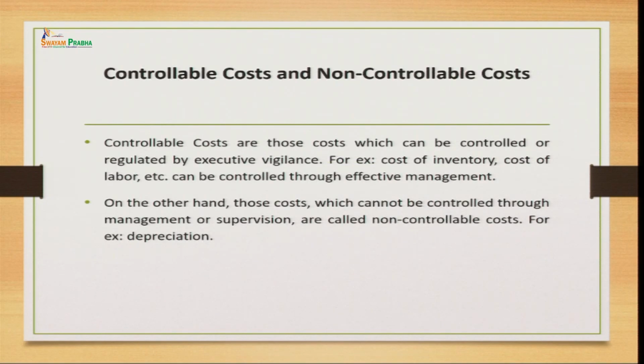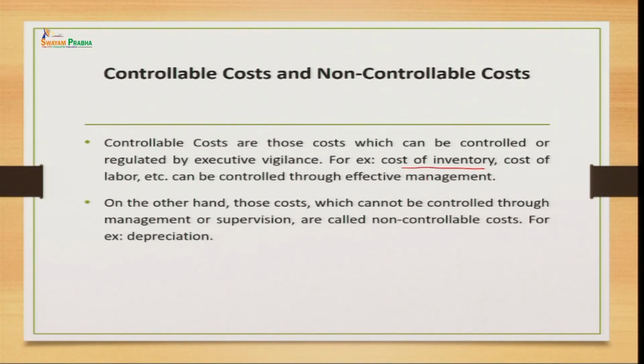Then we have controllable and non-controllable costs. There are some costs in the business which can be controlled through proper management and supervision, like the cost of inventory. If you are managing your business in a better way and supervising things in the right direction, then you can manage your inventory better and there will be a lesser cost.